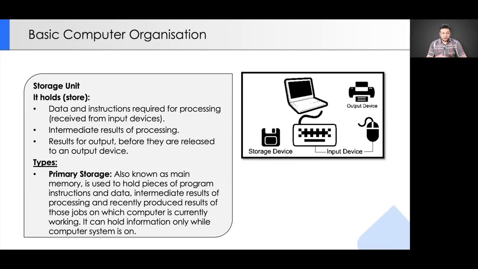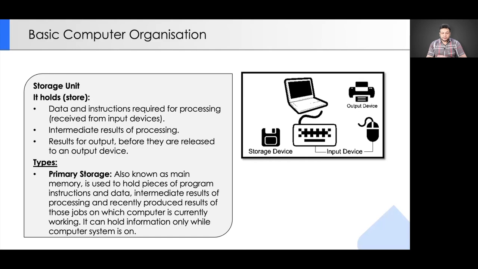So in simple terms, from when the input is given by the user until the results are released, the instructions and data in between are stored in this storage unit.